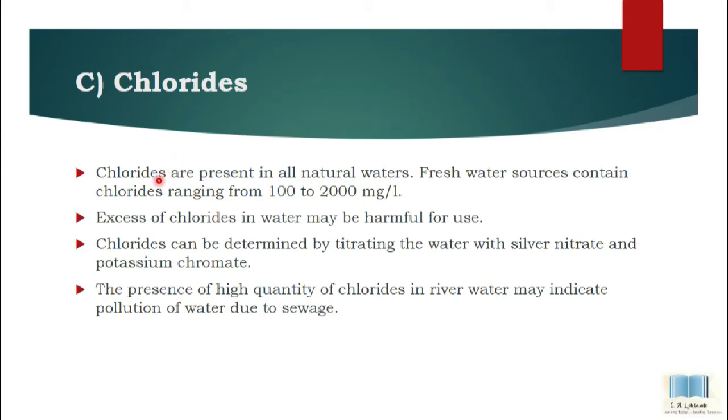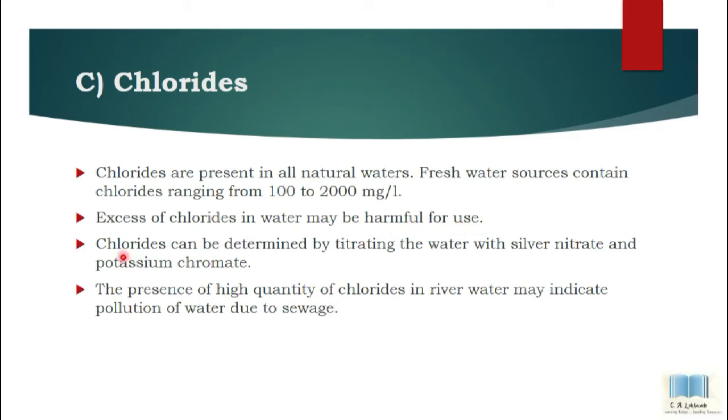So our first point is chlorides are present in all natural waters. Freshwater sources contain chlorides ranging from 100 to 2000 mg per liter. The second point is excess of chlorides in water may be harmful for use.